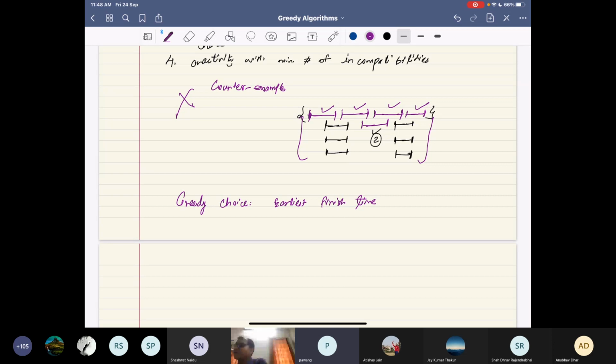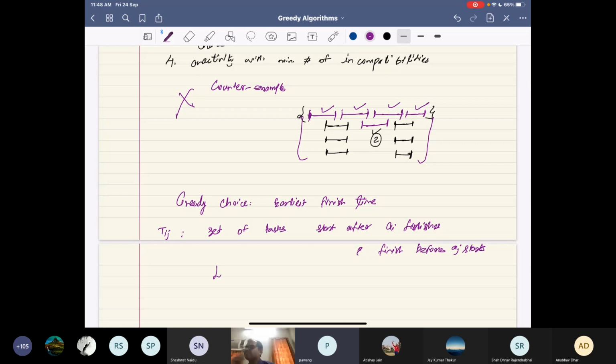Let Tij be, as we already defined, the set of tasks that start after AI finishes and finish before AJ starts.